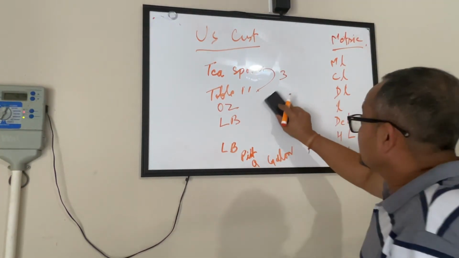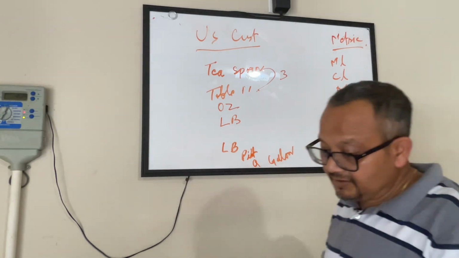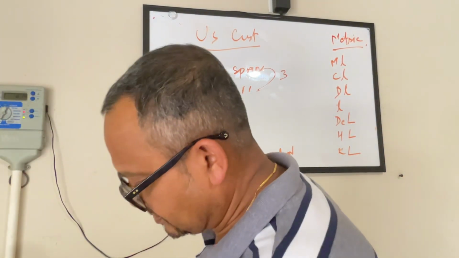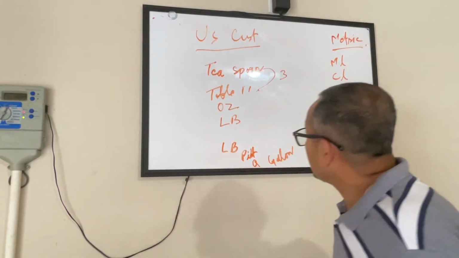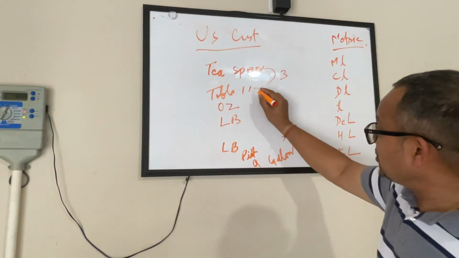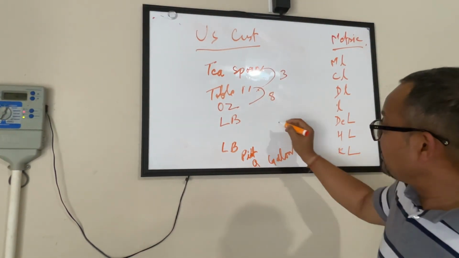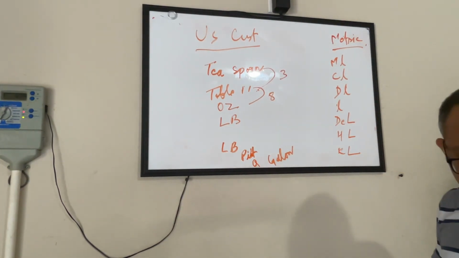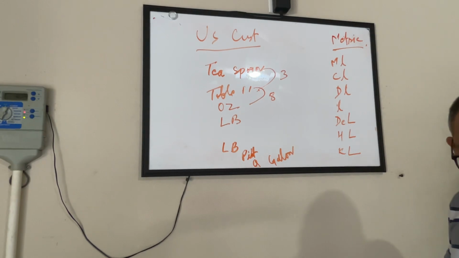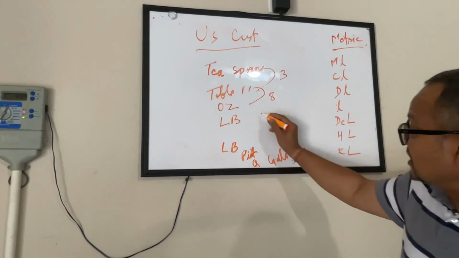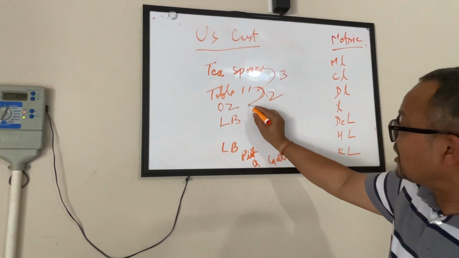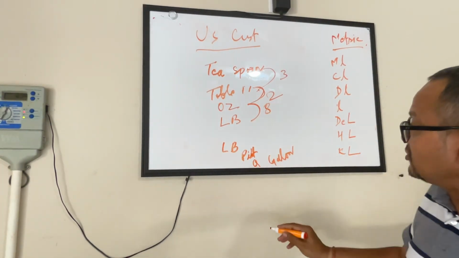Oh, sorry. 2 tablespoons make 1 ounce, 8 ounces make 1 pound.